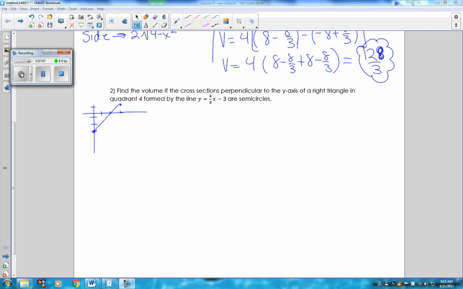Okay, I need to make that bigger. Okay, so we're only looking at what's in the 4th quadrant.